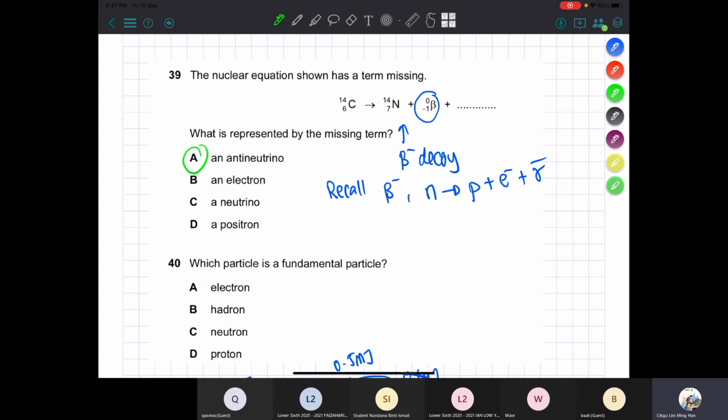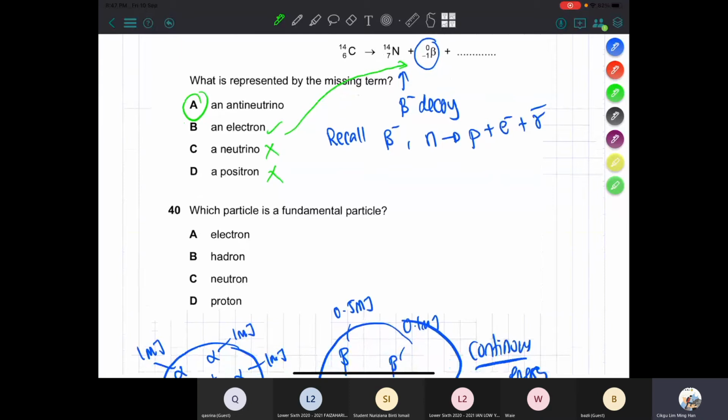Wait. The electron is already here. Yeah. Not neutrino, not positron. So A is the answer, because beta minus is the electron already. We had the same question come out just now. What is a positron? A positron is just the reverse of an electron.